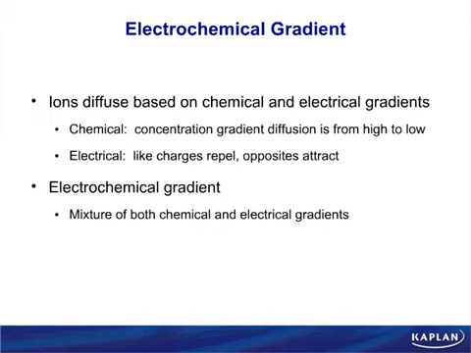Don't forget, electrical, all we have to remember is that opposites attract. Like charges repel and opposites attract. So electrochemical gradient is a mixture or combination of the two gradients driving the diffusion of ions. It is the chemical or concentration gradient and the electrical gradient. So hence the term electrochemical gradient.